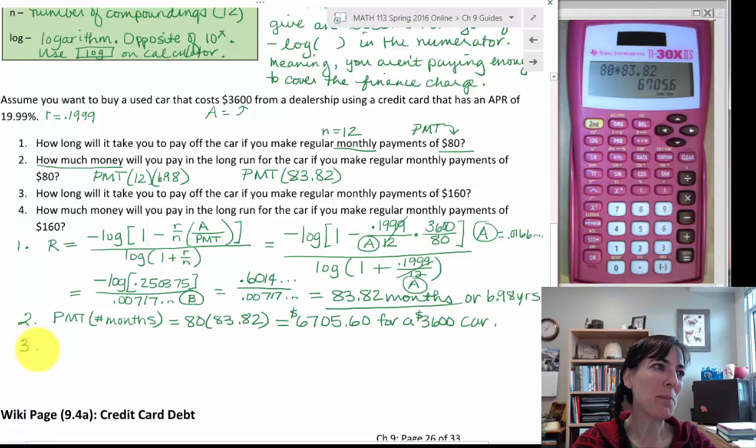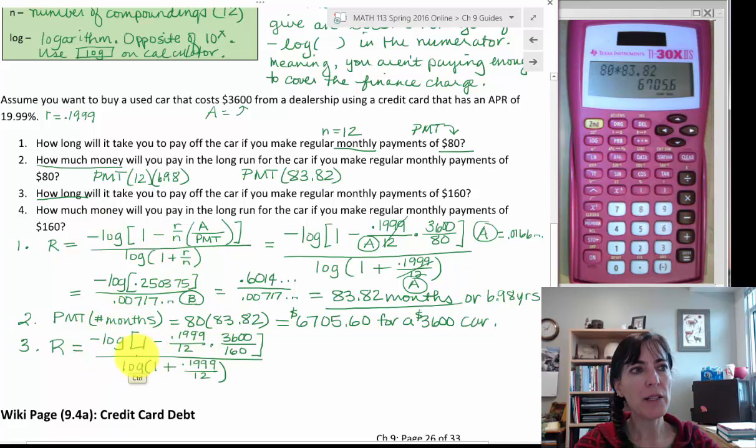Number 3. Let's look at the required payments because it's asking how long, so how many payments is it going to take, how many months, how long will it take you to pay off the car if you make regular monthly payments of $160. So all we're doing is changing the payment to 160. So I'll use the same formula and everything will look the same except for that 80 is going to become a 160.